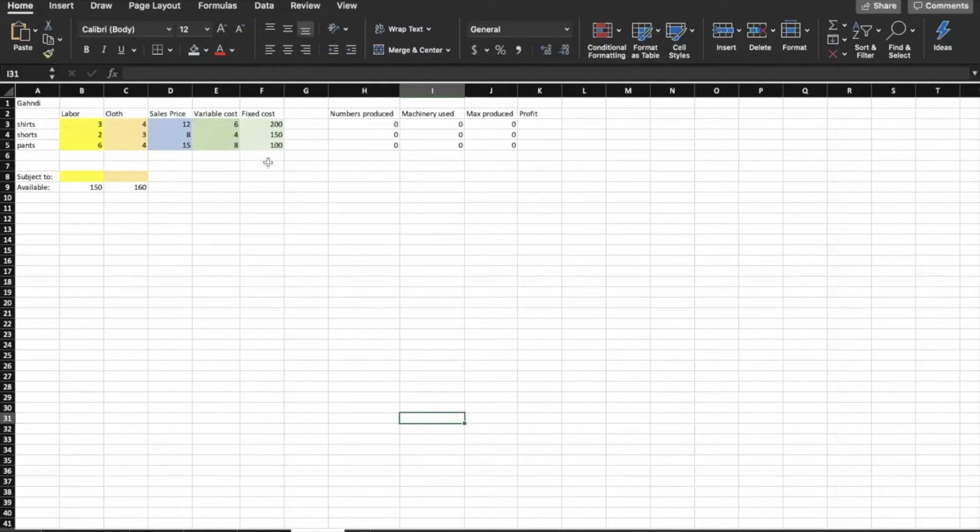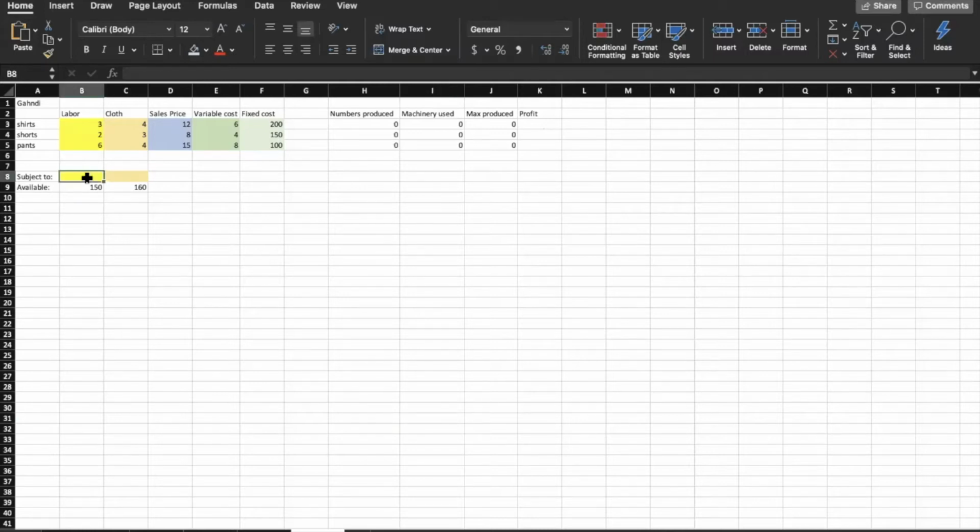As you can see, the different colors: I have labor, quote, sales price, variable cost, fixed cost, numbers produced, the manufacturing units, and the maximum production that we found out just now. I'm going to find the profit based on our profit equation, and then I also have the subject to constraints and how much I have available of each labor and quote.